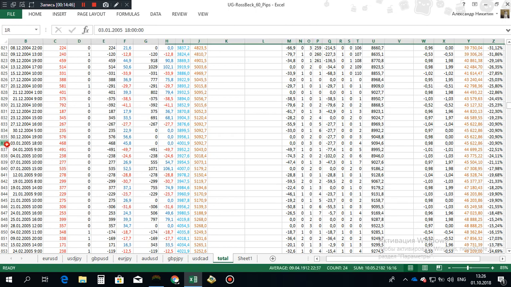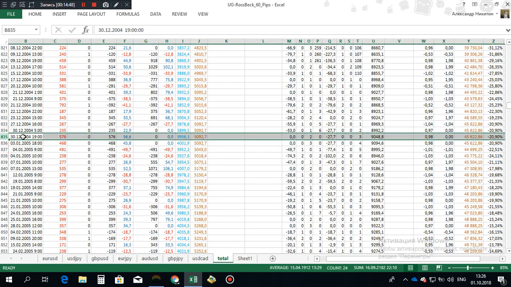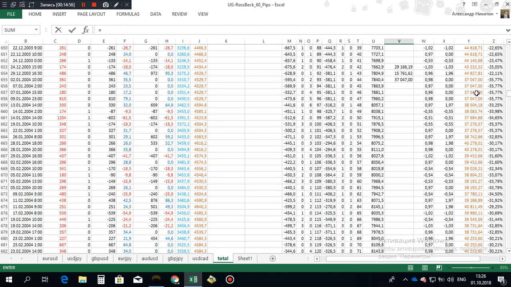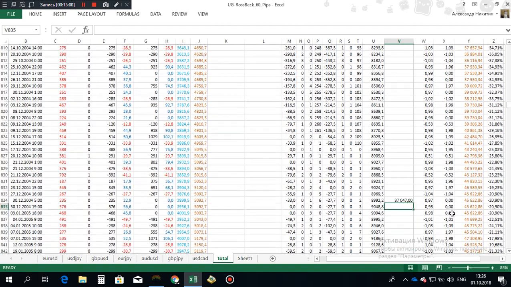So this is 2005. This is the last trade of 2004. This equals our old account, this one. Okay, our net profit equals what we generated minus our old account.